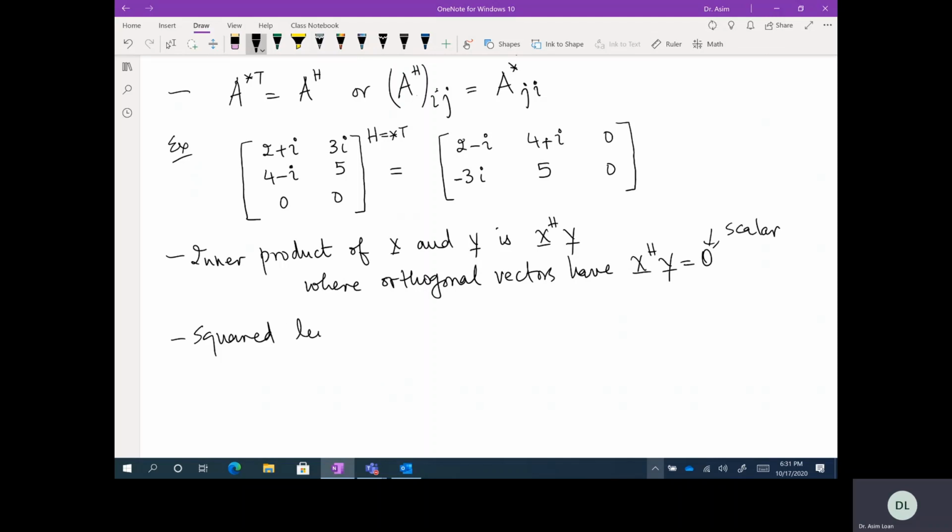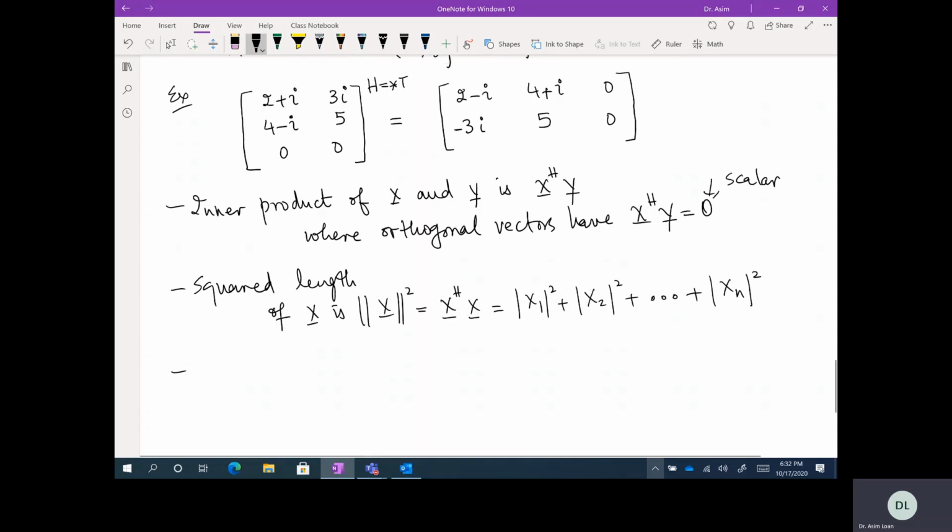I know I'm repeating, but in any case, the squared length of x is the norm squared, which is x^H x: x1 magnitude squared, x2 magnitude squared, and so on up to xn magnitude squared.